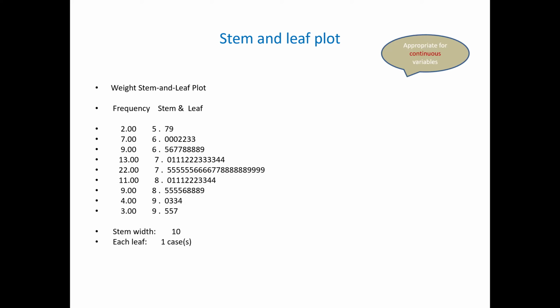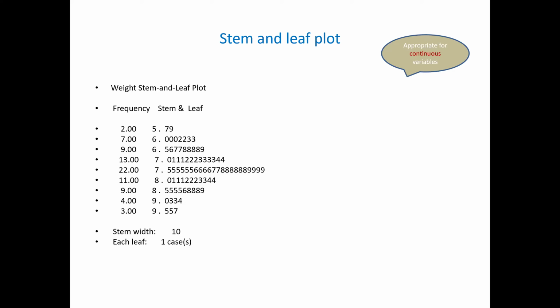Because we are talking of weight, say 76, 78, 80, 65, 60, there is no 100 or something. So there are 2 digits: the second digit is the leaf, the first digit is the stem.